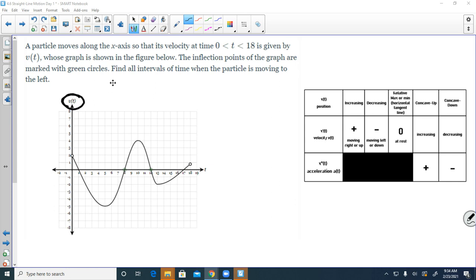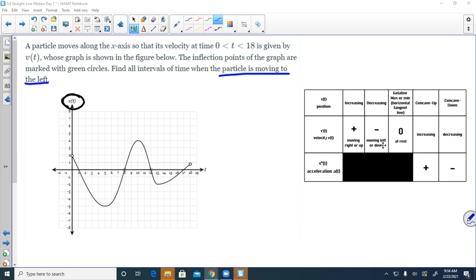The inflection points on the graph are marked so that these green marks are the inflection points if I need to know those. Find all intervals of time when the particle is moving to the left. So this is what I'm having to find. So moving to the left, that means I need to look at velocity. Thankfully, I have the graph of velocity.